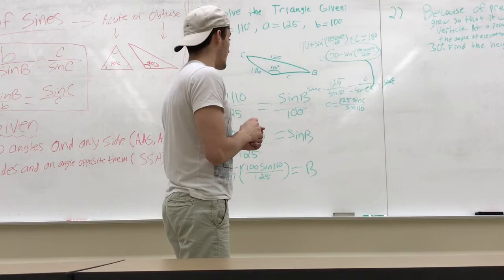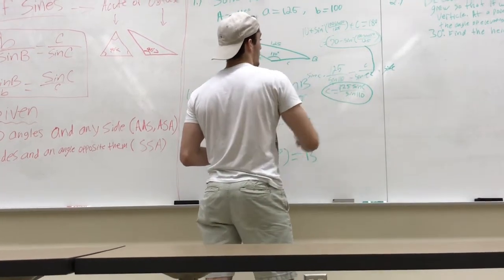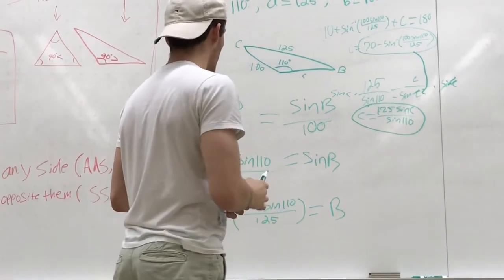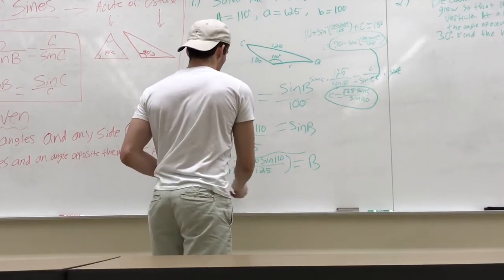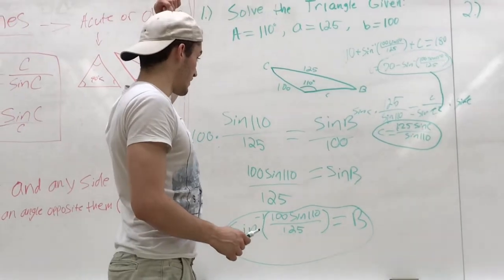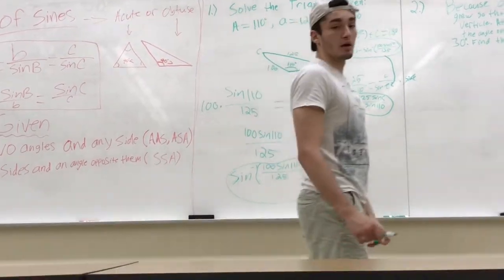And that would be the final answer because you have side c here, you have the angle of C here, and you also have the angle of B here. So you've completed the triangle, and you can put those back in if you want to write the triangle all out, but we don't need to here.